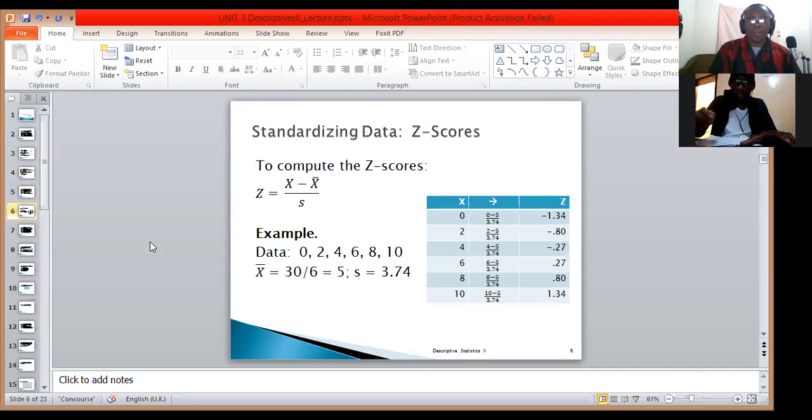Basically, if we are dealing with a sample, the formula is X minus X bar over S. That is the Z-score for a sample.